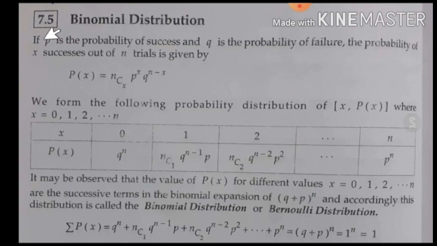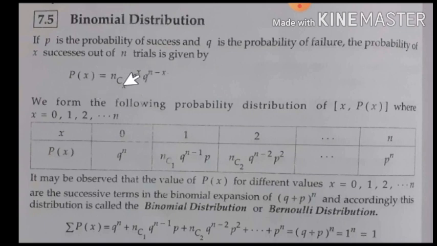Now, if I take p as the probability of success and q as the probability of failure, the probability of x successes out of n trials is given by p of x is equal to nCx p to the power of x into q to the power of n minus x. So for this probability function, we obtain a probability distribution for different random variable x: 0, 1, up to n. Let us write the probability function defined in this way.